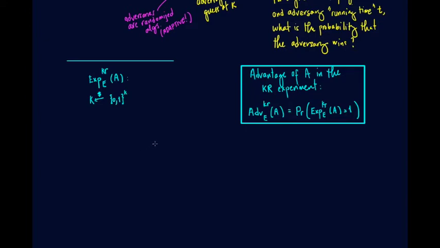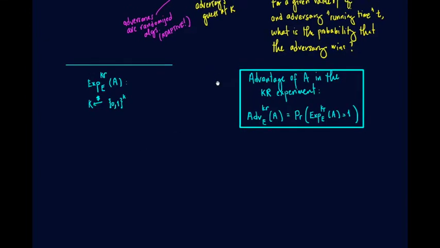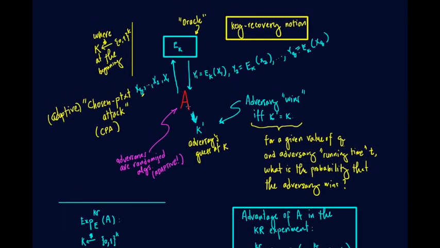Okay, now let's refer back to the picture. Then what happens? Well, that key gets put into this oracle box, and the adversary is given access to the oracle and asks queries. And at the end of its run, it outputs some K. So the next thing that happens, there's no more setup, right? This is all of the setup of the experiment.